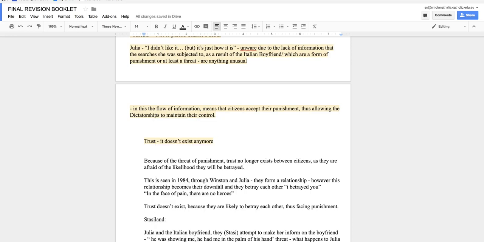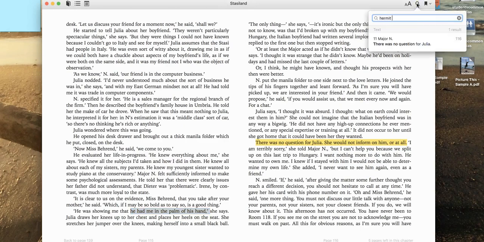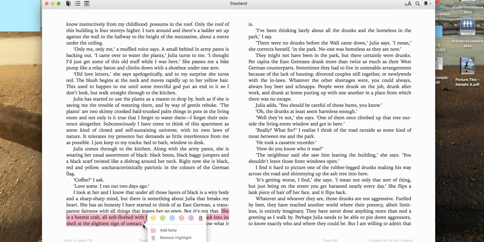Is the quote. Let's double check our quotes. This is important at this point in our revision. Hermit crab. She is a hermit crab, all soft-shelled, but ready to whisk back into its shell at the slightest sign of contact. I can't copy, which is annoying.